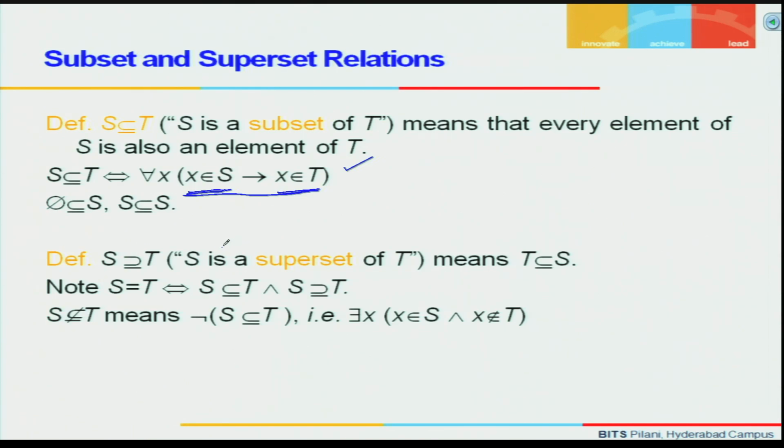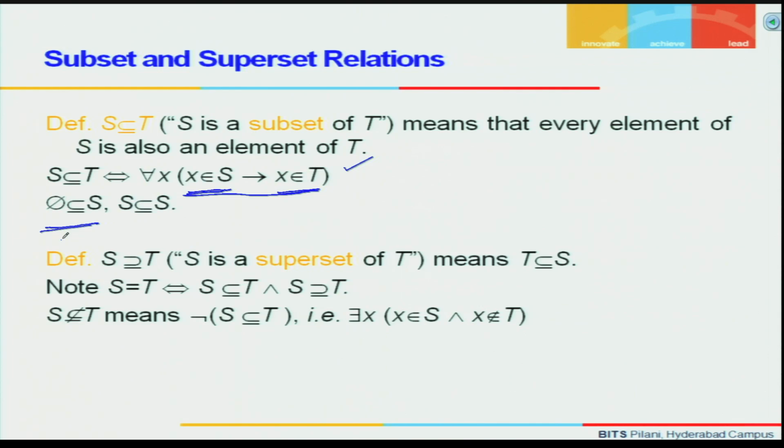If you take this particular definition, it is obvious to see that empty set is subset of S, because if there is an element in empty set, then I need to show that that element has to be there in set S, but empty set does not have any element, so that statement still holds good. Hence, empty set is subset of S holds good.